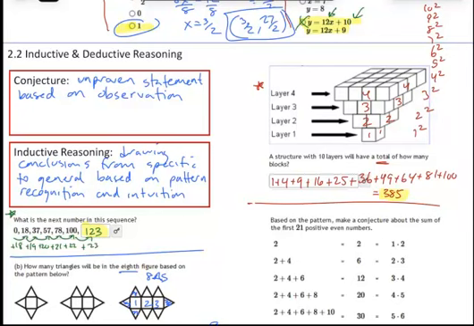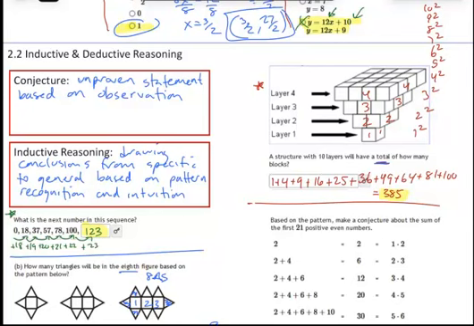Okay, now, if you answered 100, which is probably the most common missed answer on this, there is another version of this question that will ask specifically in this structure, how many blocks are in the 10th layer? And so there is a different version of this question that actually asks that problem. But this one wants the total number, and so the total is the combination of all of the blocks added together.